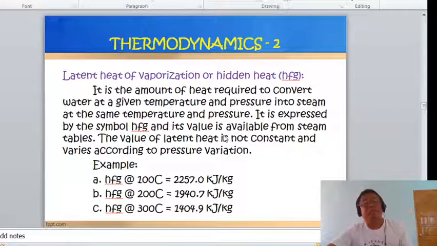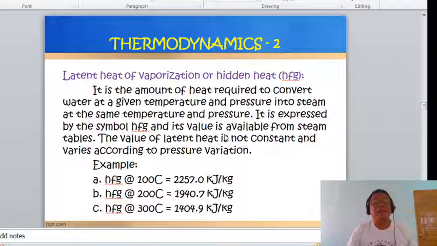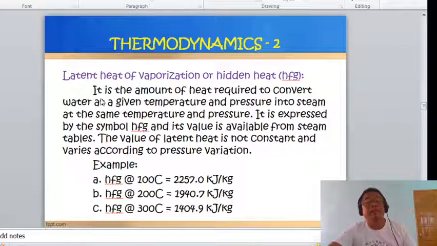So, there is no change, class, in the temperature and the pressure, but the phase, of course, changes. It is expressed by the symbol HFG and its value is available from the steam table. The value of the latent heat is not constant and varies according to pressure variation.